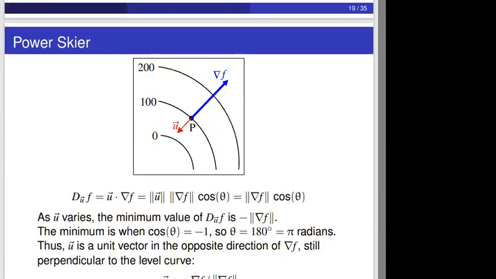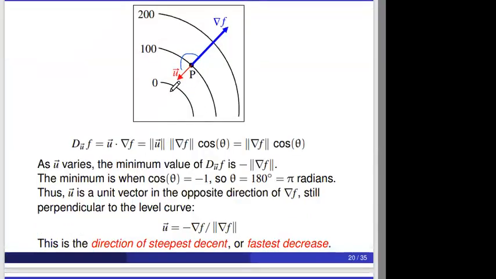And if you have a power skier, he has to take the other way around, the other side. So the angle between u and delta f is pi. Cos of pi is -1, right? So he has to take the opposite direction.